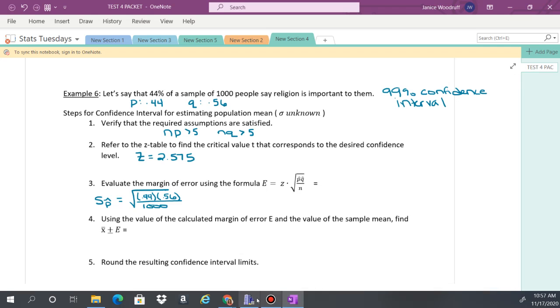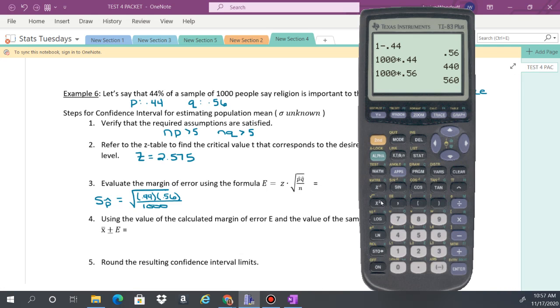So let's go ahead and find that. So square root, then parentheses, 0.44 times 0.56, so that's my numerator in parentheses, then divided by 1,000, and then I'm going to close out the square root. I put 100, thank you. I got to redo it. 0.44 times 0.56 divided by 1,000.